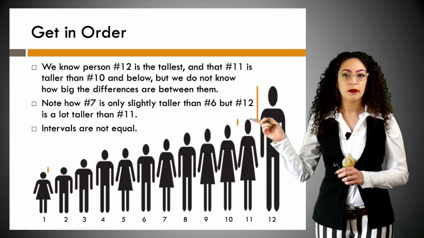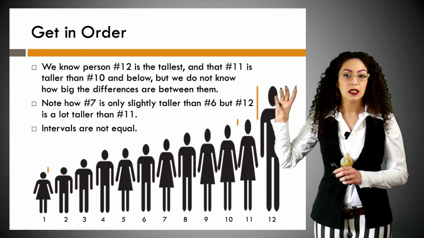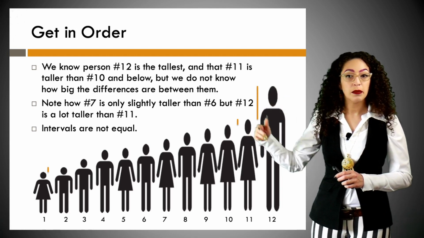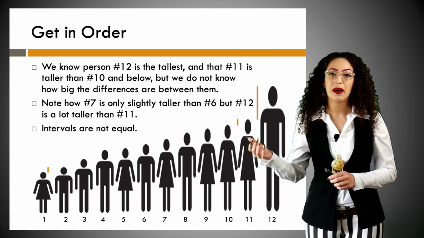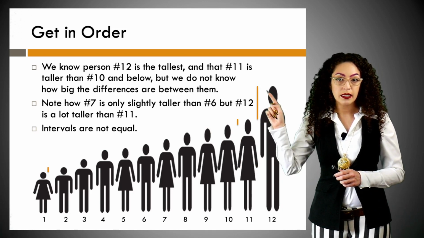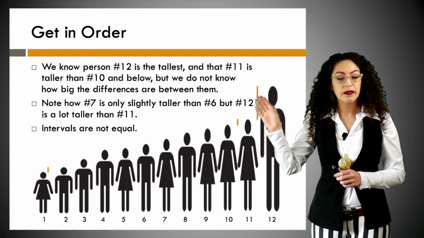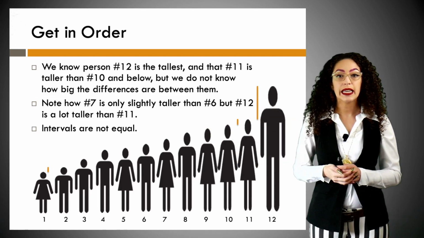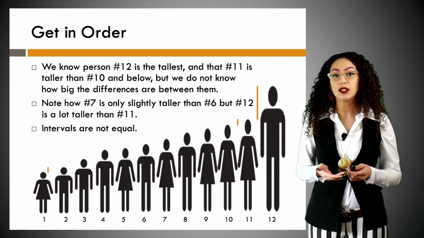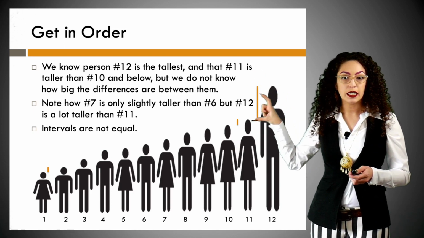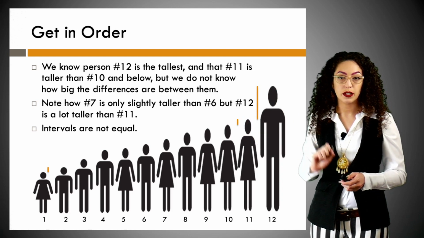The next person might be 6 foot, so there's 7 inches of difference between the tallest and the next tallest, but then for subsequent people, there's only about an inch of difference between them. So the amount of difference from person to person is not the same size. Another way to say that is the intervals are not equal. This interval here is not the same size as this interval here.